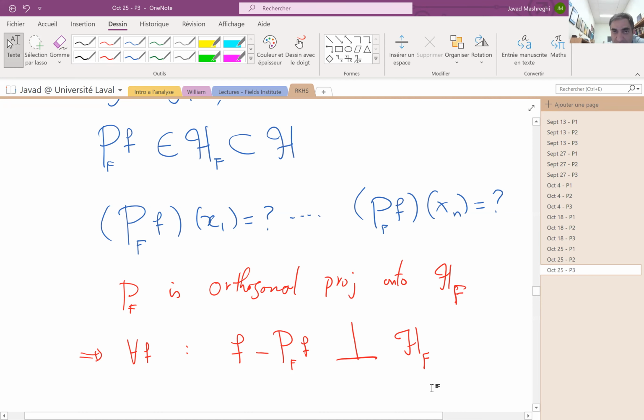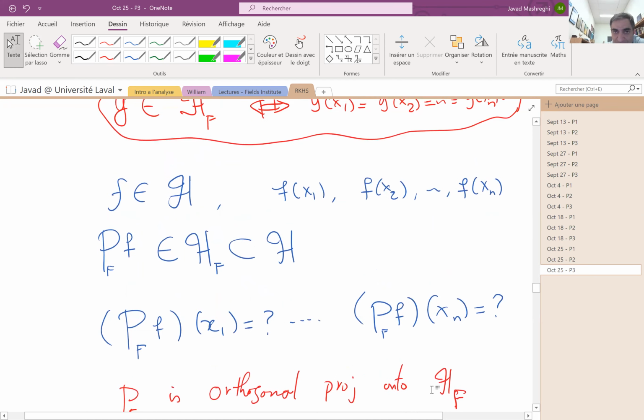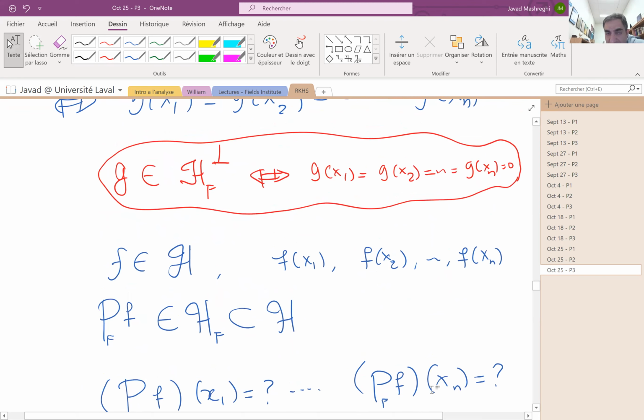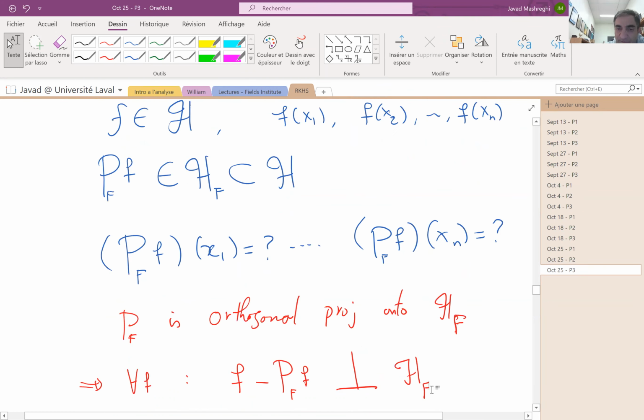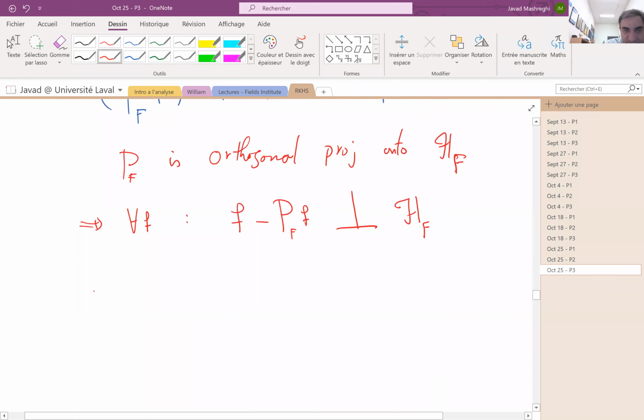And now use this boxed formula. If something is orthogonal to HF, then at all points x1 up to xn it is equal to 0. So F minus the projection at x1, at x2, and at xn, all of them are equal to 0.